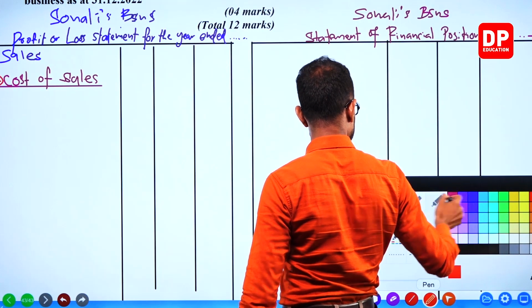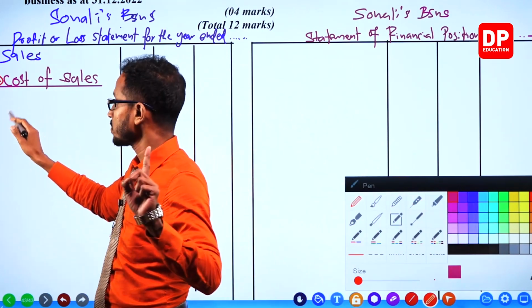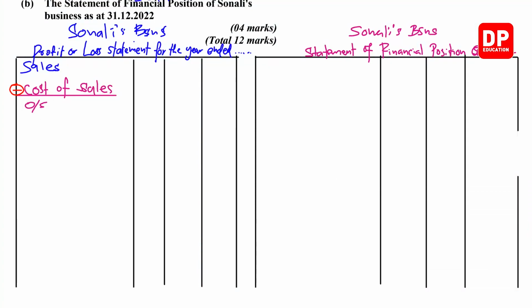Under cost of sales, you must have these items. Opening stock, I'm just writing short forms, guys. Plus purchases. You always keep a line or two for purchase related expenses because you might get them. Then you write closing stock as the third item.